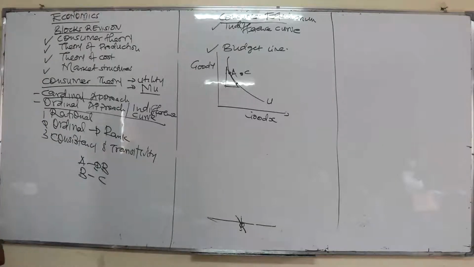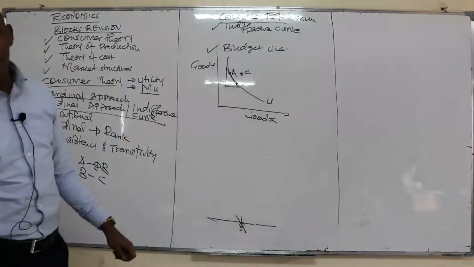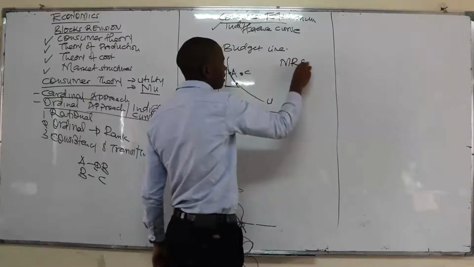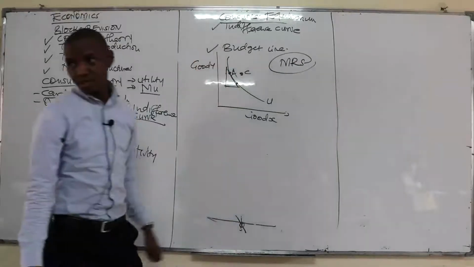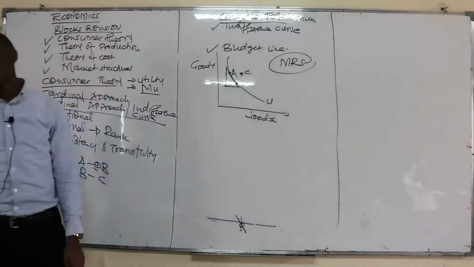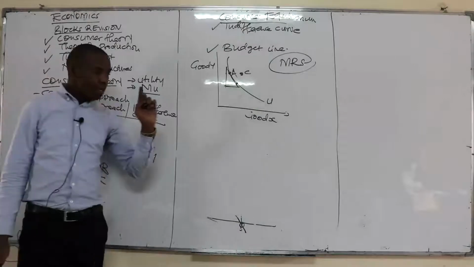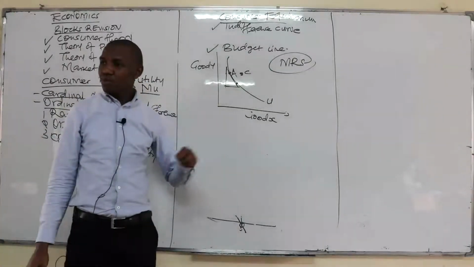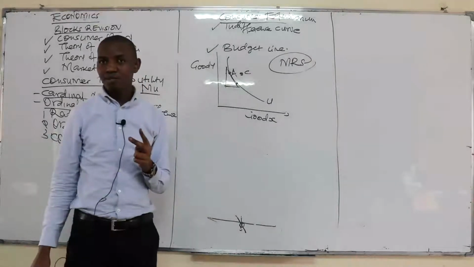Now, when we talk about the slope of the indifference curve, it is what is going to bring out what we call the marginal rate of substitution. Listen, in this case, as you consume this good, you cannot consume these two goods at the same quantity. Are we together?